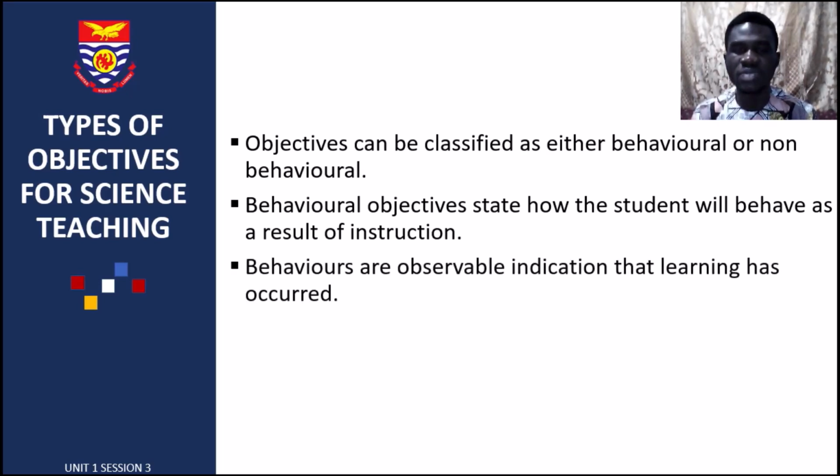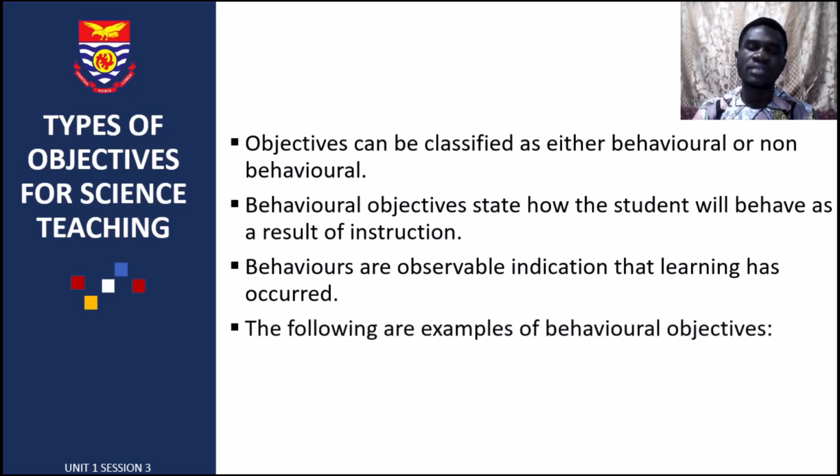And these behaviors must be an observable indication that learning has occurred. So, the various changes in behavior that we see also give us an indication that learning has occurred in the learner.